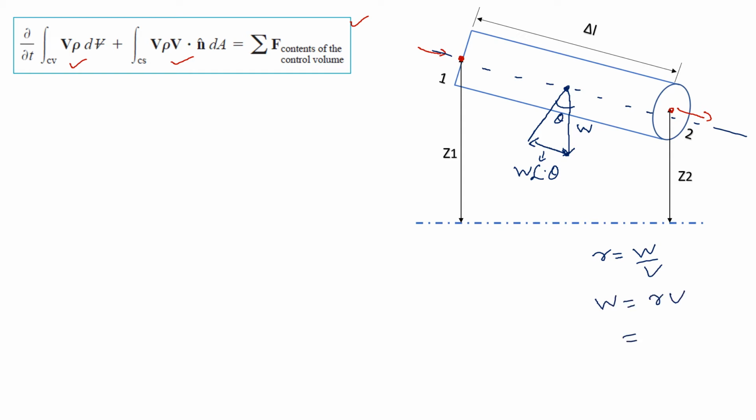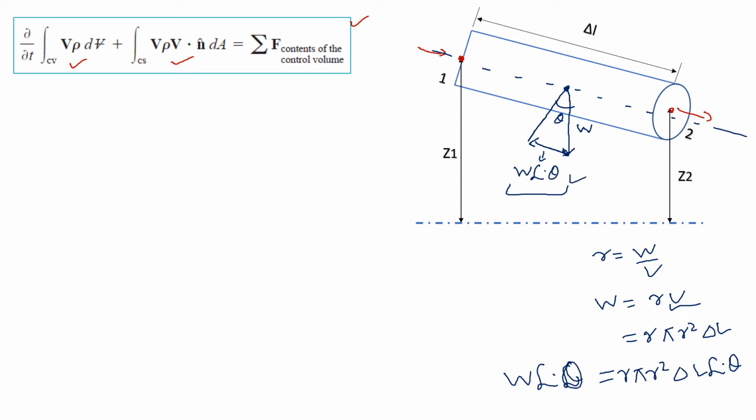For volume we will multiply the area with the length, so we will get gamma into pi r square delta L. So for W sine theta, we will get gamma pi r square delta L sine theta. This is the component that is going to be added when we take the summation of forces.